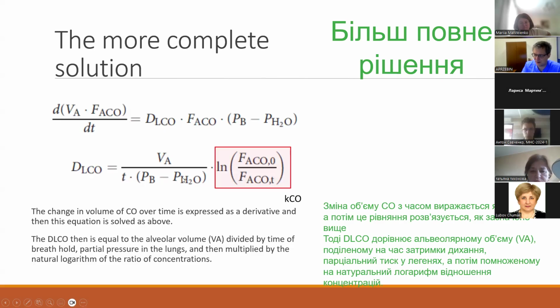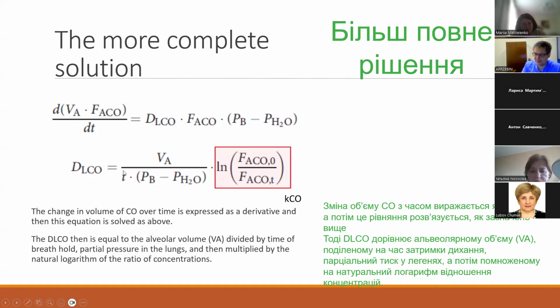You subtract the water vapor pressure from that, and then multiplied by the natural logarithm of the change in concentration, initial and at the final time of the breath hold. So this is the final equation here. And this is how the machine will spit out the DLCO number.